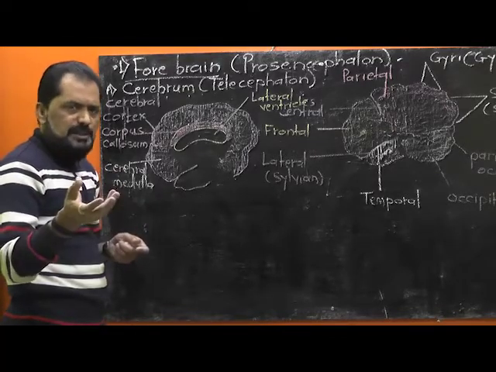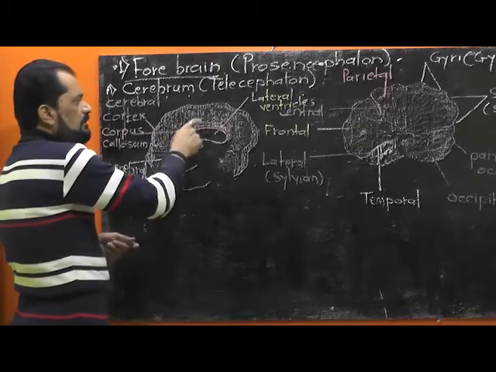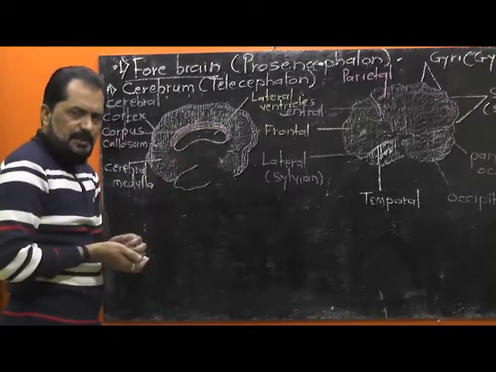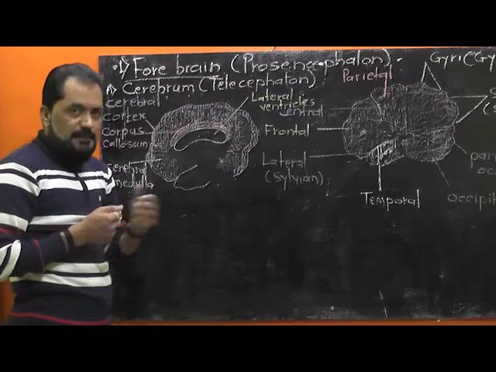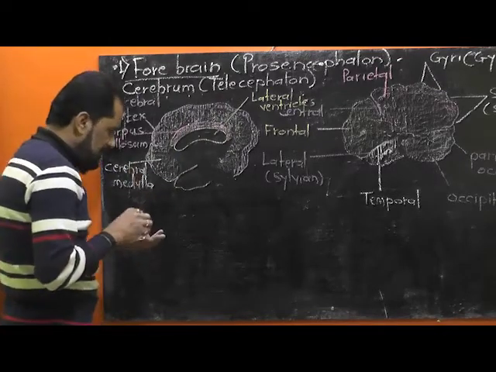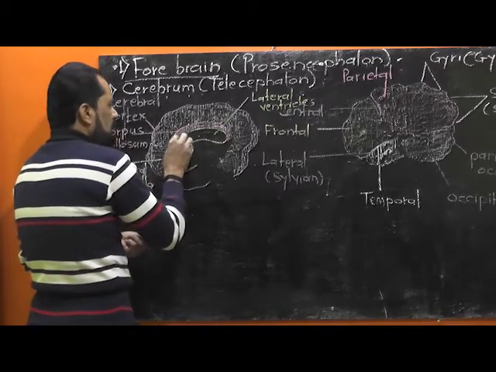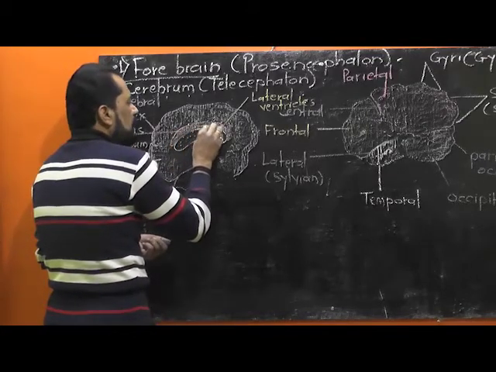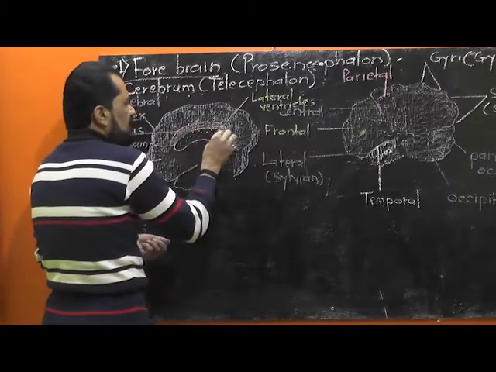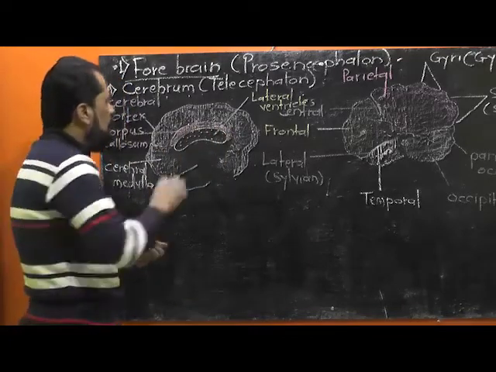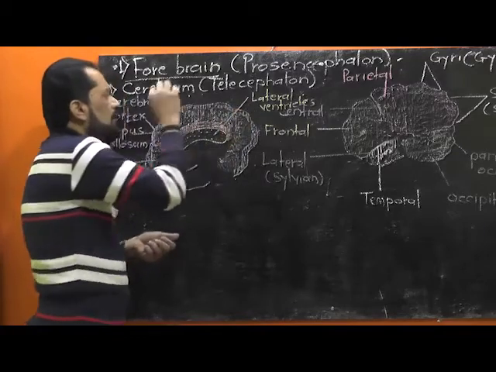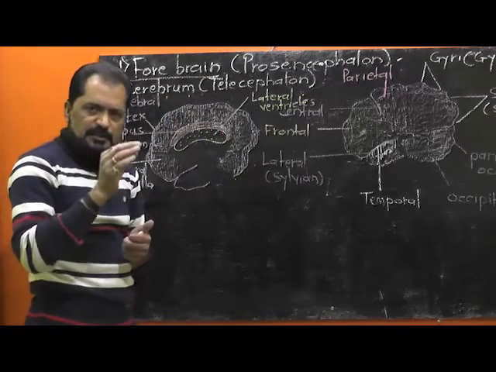I told you just now that the cerebral hemisphere encloses cavities, that is the lateral ventricles, and these lateral ventricles are not empty. They are filled with cerebrospinal fluid, CSF, which we have discussed earlier. Now, the roof of the cerebral hemisphere is very thin.